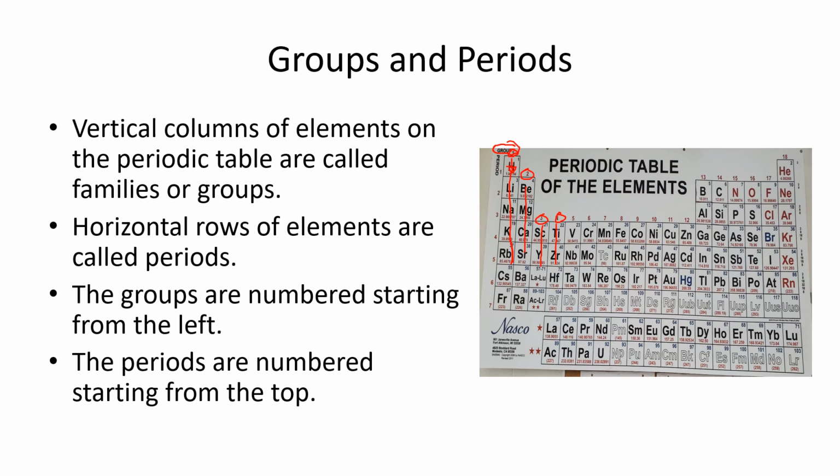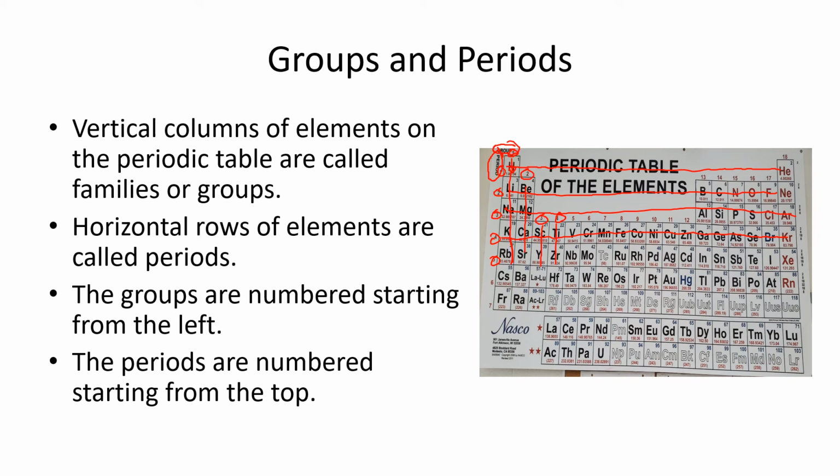And then the horizontal rows are called periods. And you see the numbers here, 1, 2, 3, 4, 5. Those are talking about the elements that are in these horizontal rows going across this way, right? So if I wanted to give you the coordinates for a certain element, I could give you the group and the period, and you can tell me what element it is.